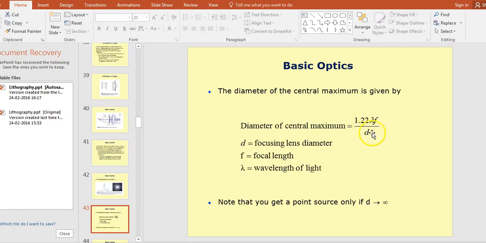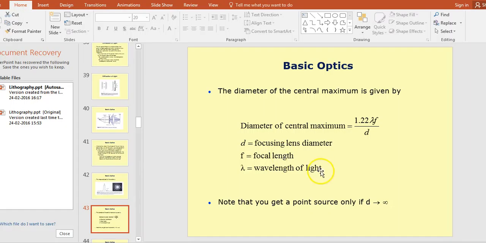D is the diameter of the lens. So this is nothing but numerical aperture. This is the relation: diameter of the central maxima is related to the wavelength of the light, the focal length, and the numerical aperture of the lens.